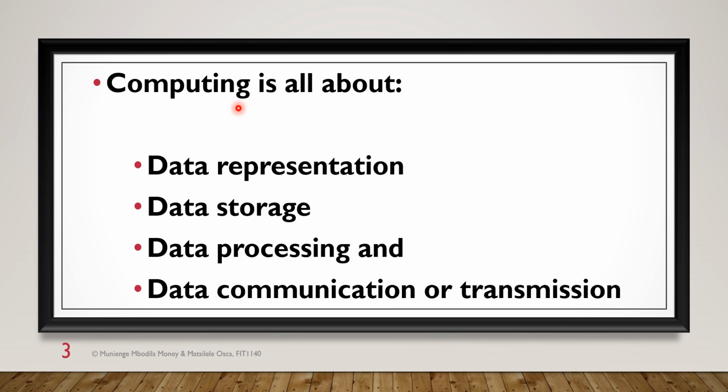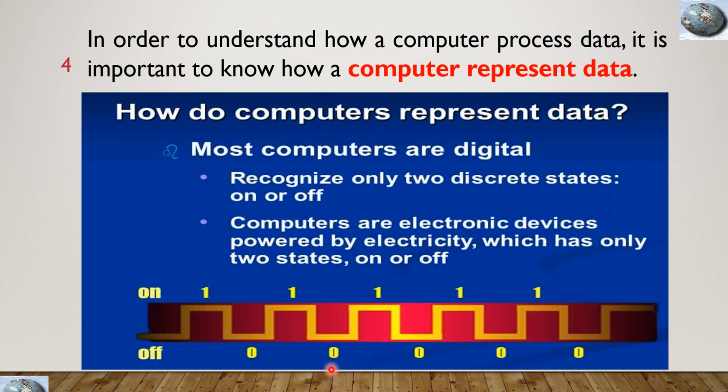So when we talk about computing, we are talking about data representation, storage, processing, and communication. In order to understand how a computer processes data, it is very important for all of you to know how a computer represents that data.